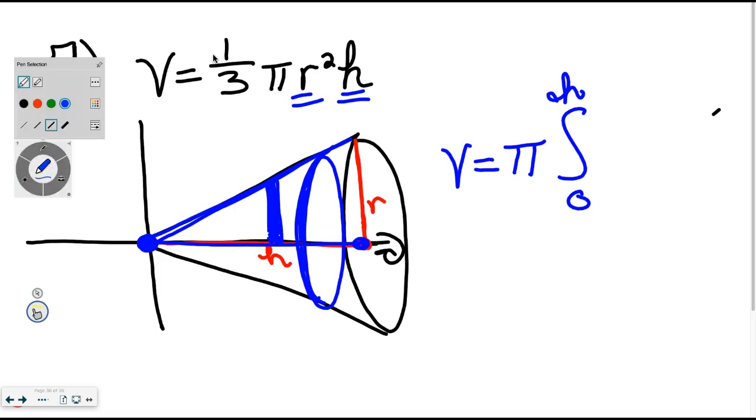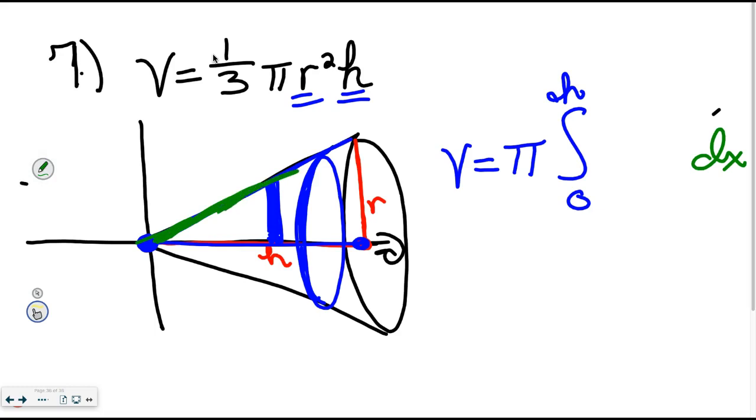The next thing I need is, well, this will also be a dx problem, right? I need the radius squared. That's in the formula. It's pi r squared dx. I need to figure out what this radius is. Well, it's the y value on the green line. So I have to write an equation for that green line in terms of x.